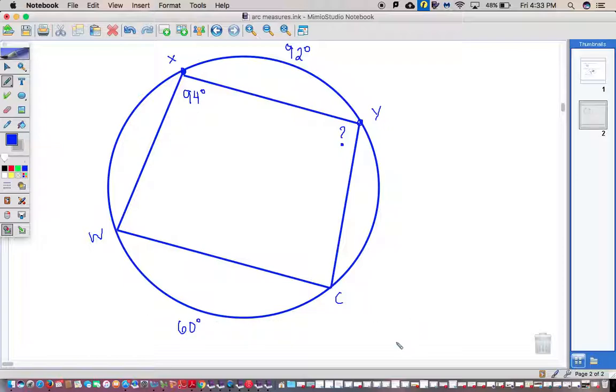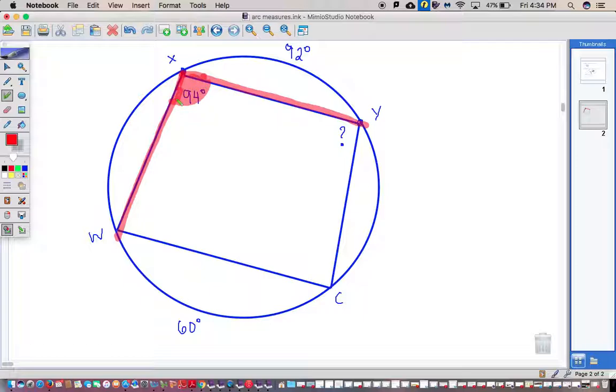Okay, so one place to start, and it's a great place to start, is by looking at the angle that's given. The inscribed angle we have is 94. So we've got this angle here, and that angle is 94 degrees.